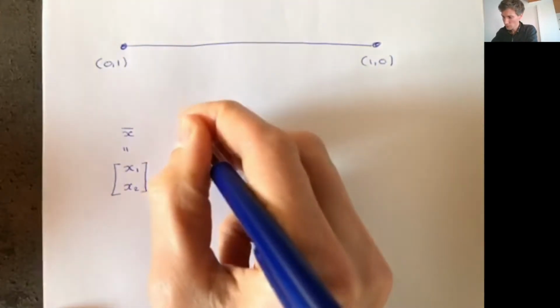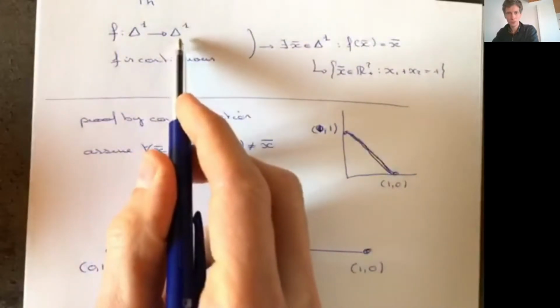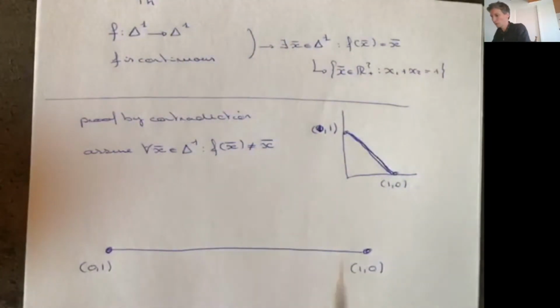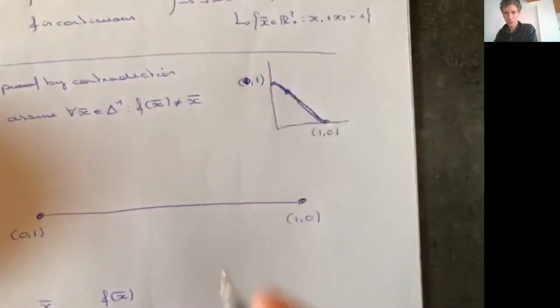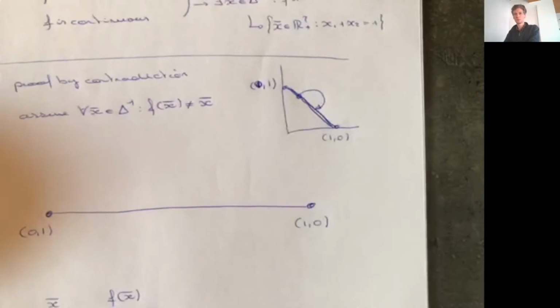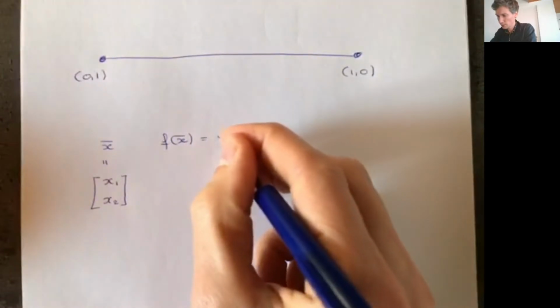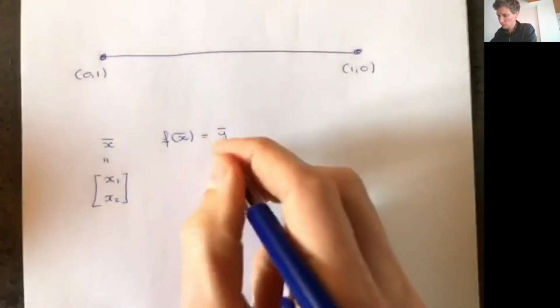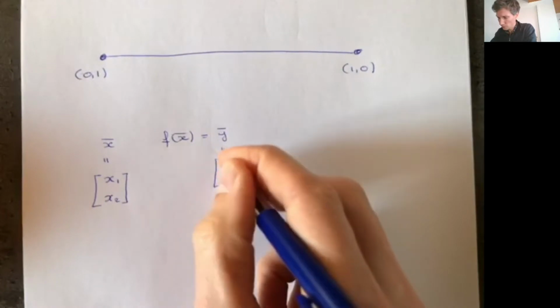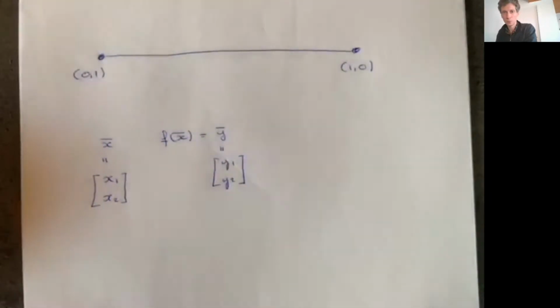Okay, and now let's have a look at f of x. So f of x is also in delta 1, right? Because the function takes some point on this line and maps it to some other point on the line. Okay, so f of x is also in delta 1. So for example, we can set it equal to the vector y, and then y will also have two components, y1 and y2.